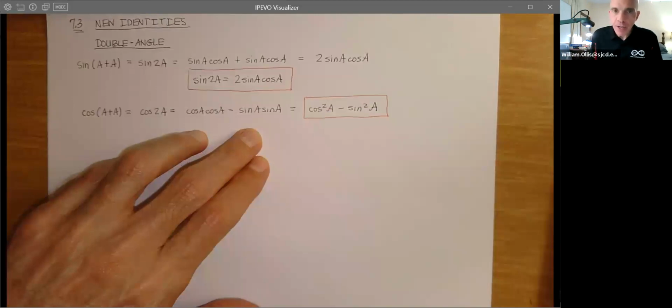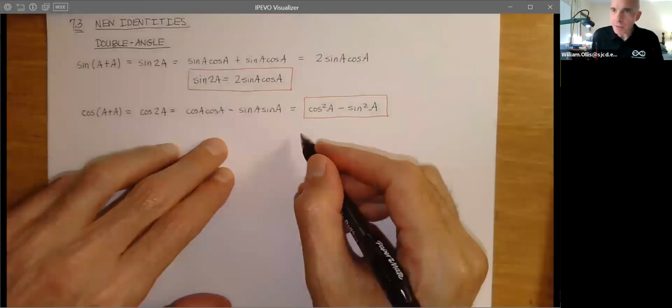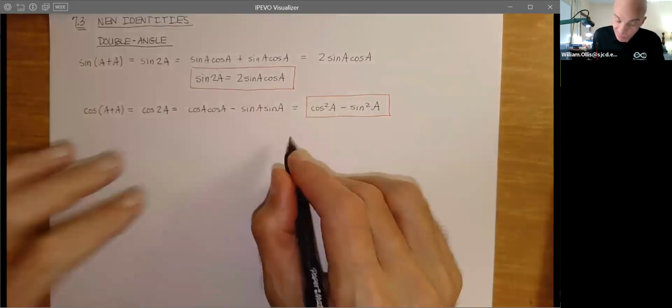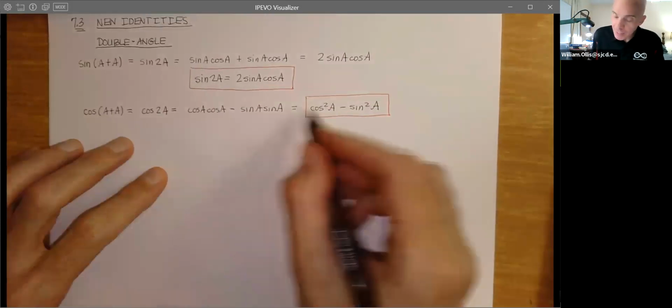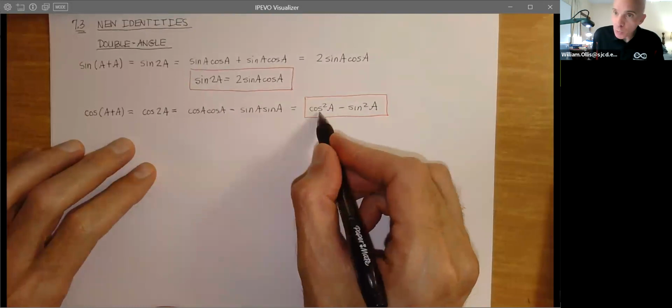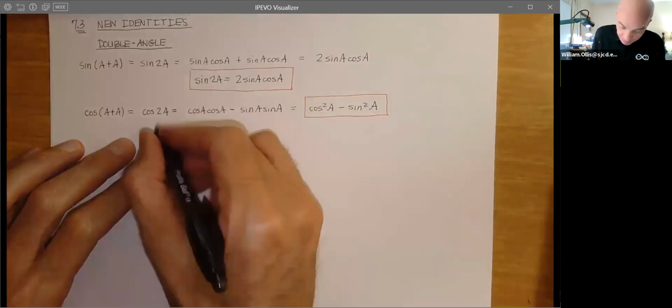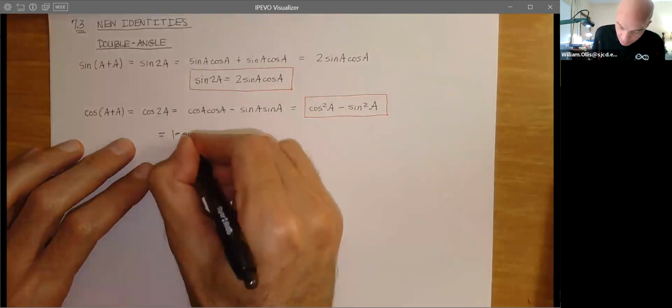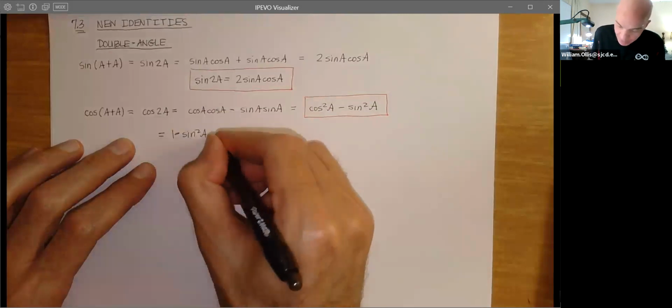And there are two more forms that have become very popular in calculus. And that is, let's replace cosine squared with 1 minus sine squared. So 1 minus sine squared minus sine squared.